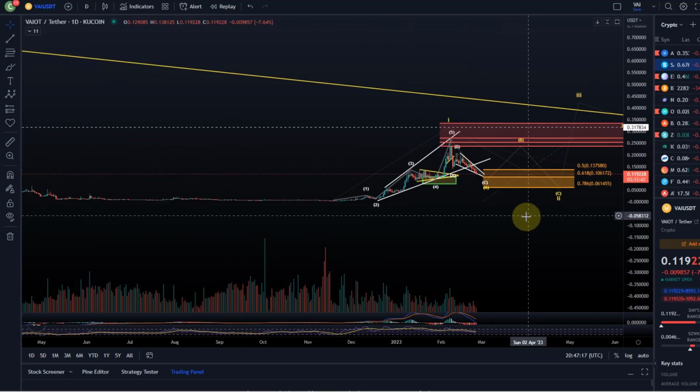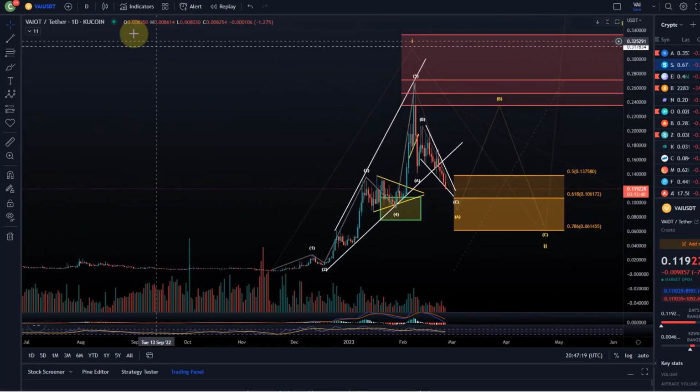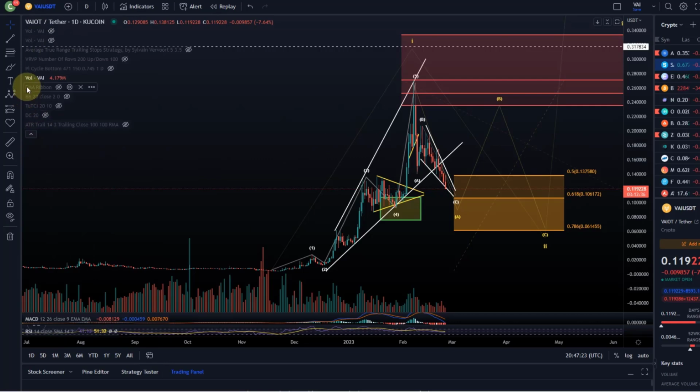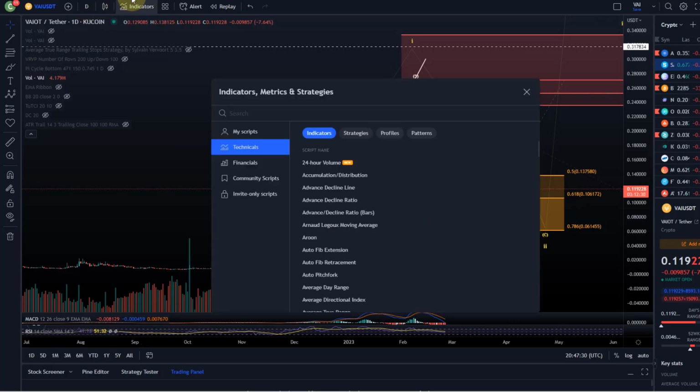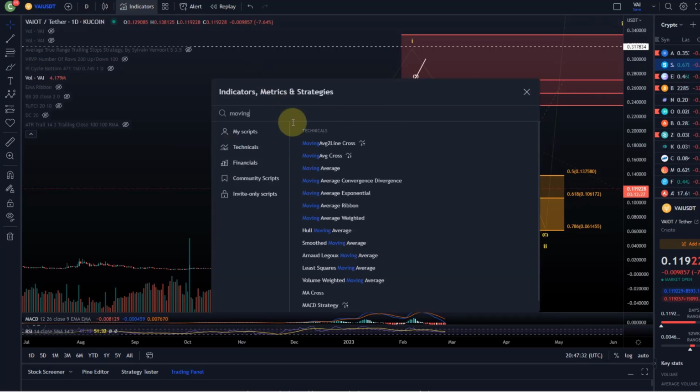Now, where are we in terms of the overall trend, in terms of moving averages? So let's add some moving averages to the chart. Don't have any, but let's just add some. 1, 2, 3.